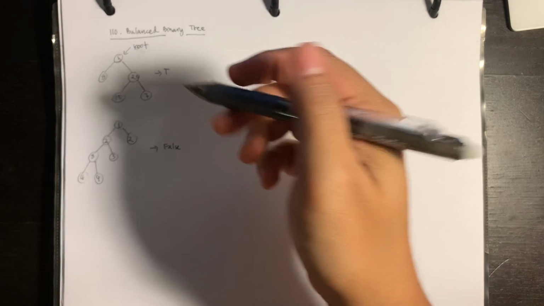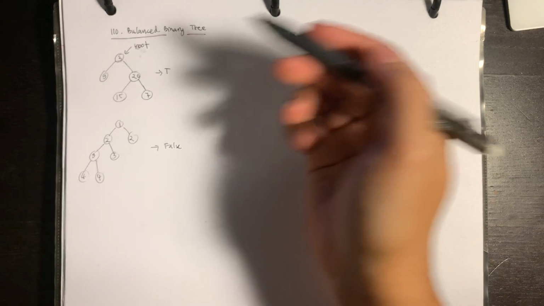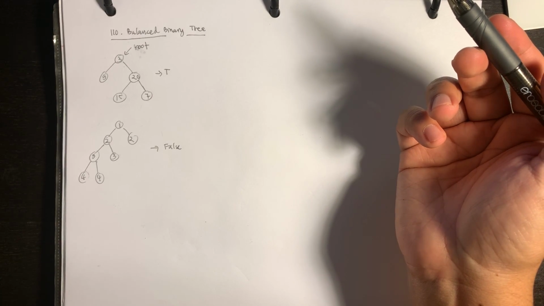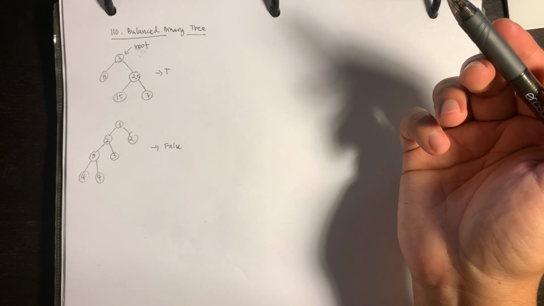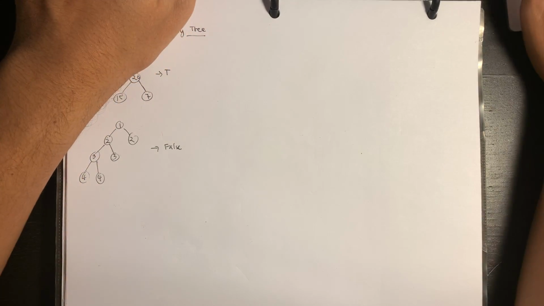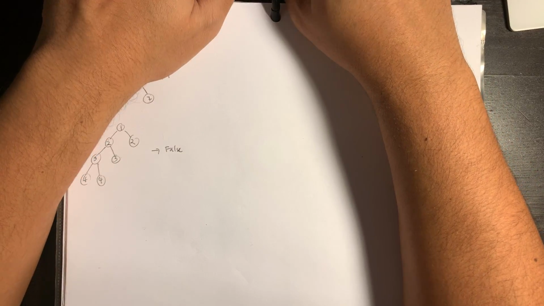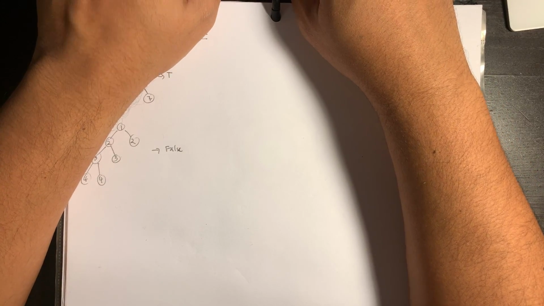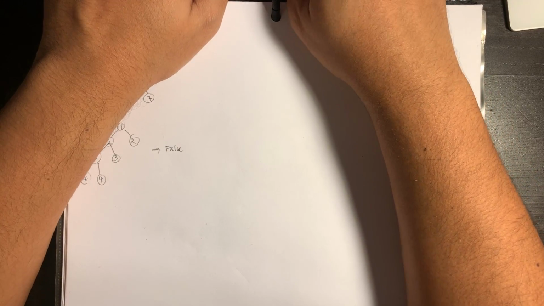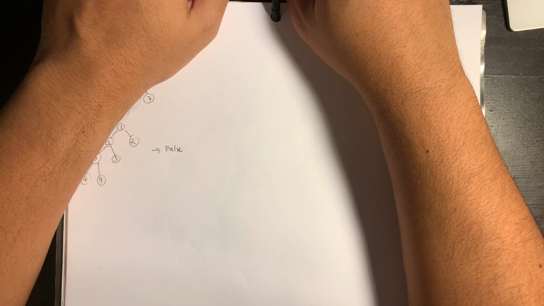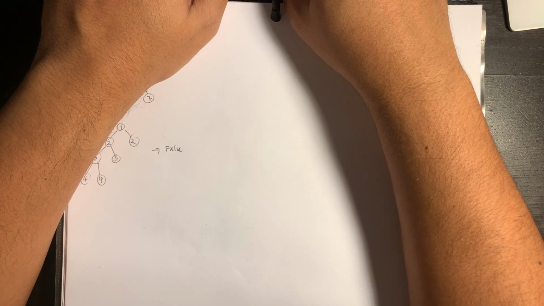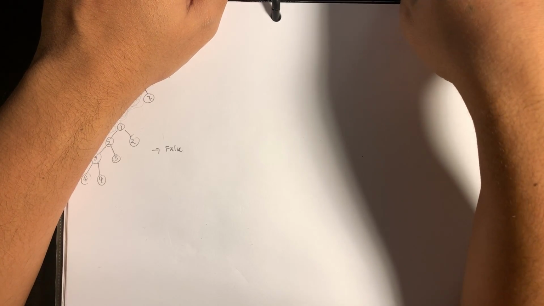I mean, we can do some investigation. If we look at the level, let me Google what's the difference between height and level. What is the difference between height and level of a tree?